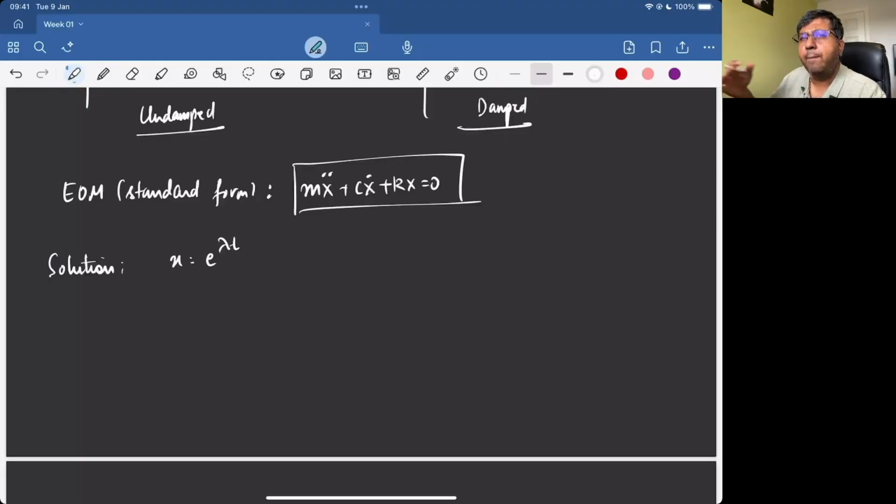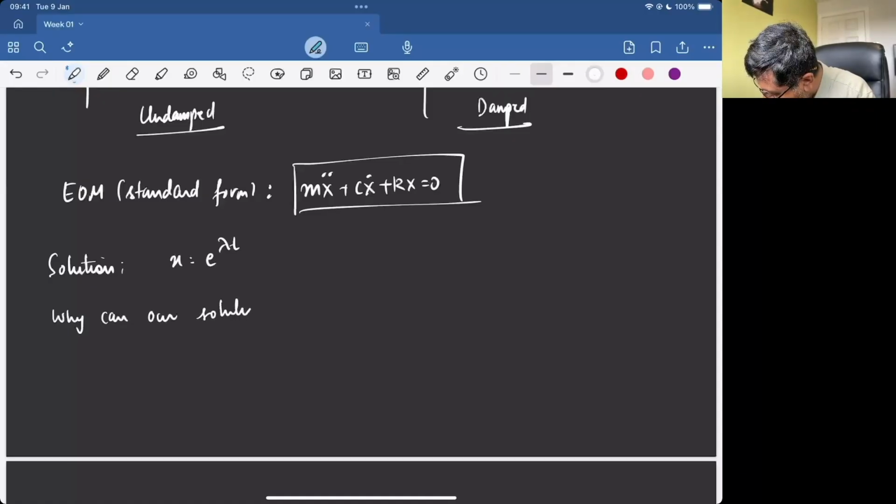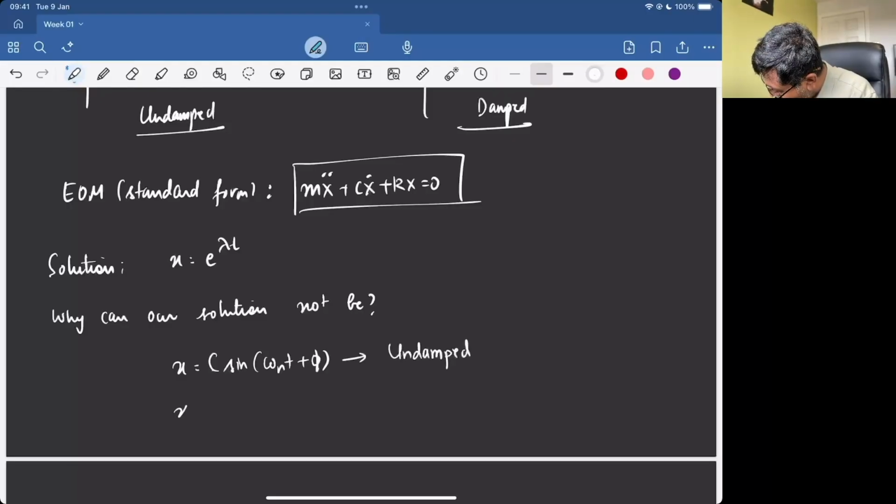If our amplitude is the one that is decreasing every time, why can our solution not be, originally we had x equal to c into sine of omega n into t plus phi, right? So this was our undamped. Why can't this be something like e to the power of alpha into t?